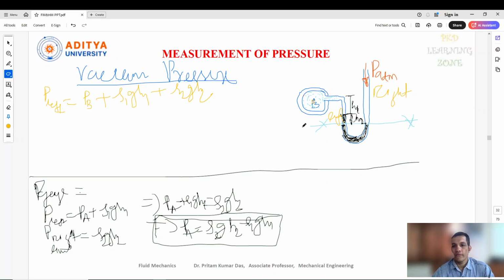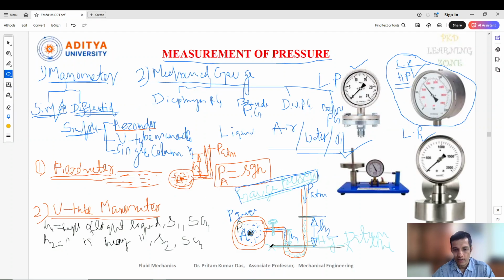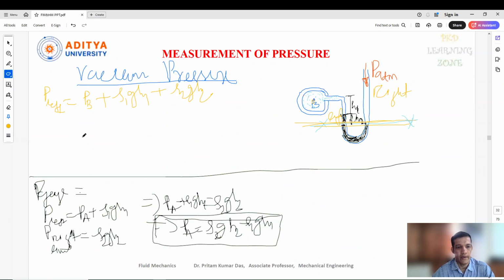We always consider the values above the datum line, as we did for the heights here. So one is the pressure inside the pipe, the second is the light liquid pressure, and the third is the heavy liquid pressure. So what is the pressure at the right side?